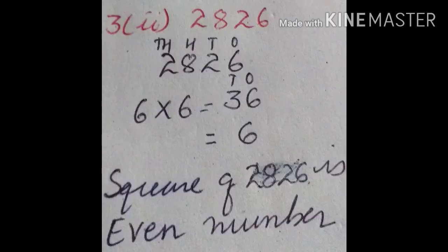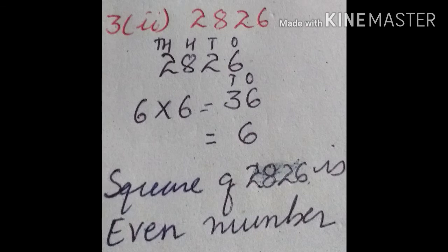Now likewise look at number 2. 2836 you have been given. First step, you have to write down the place value: ones, tens, hundreds and thousands. So identify the ones place digit, which is 6. Now find the square. 6 into 6 is equal to 36. A 2 digit number came. If a 2 digit number comes, what do we have to do?